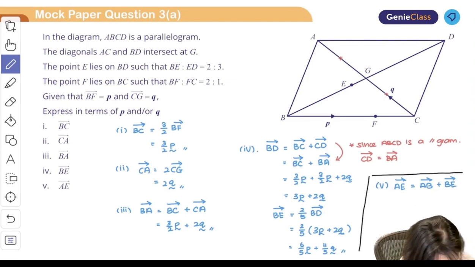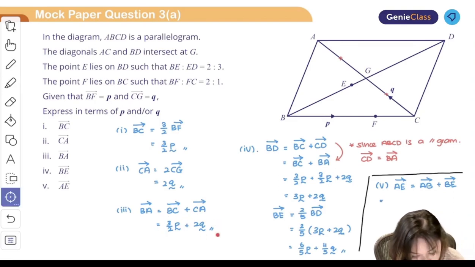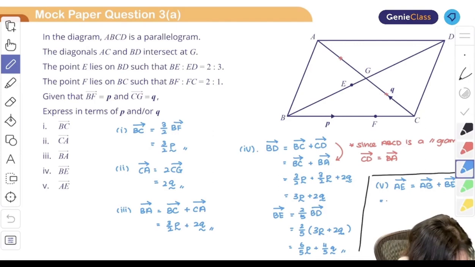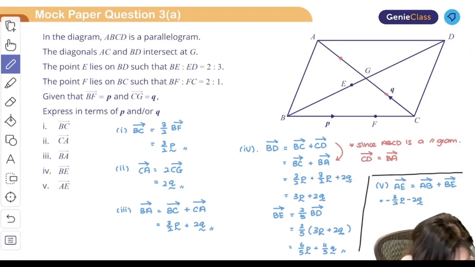So AB is, let me put my equal sign here, the reverse of this, so negative 3 over 2p minus 2q plus BE, which is 6 over 5p plus 4 over 5q.